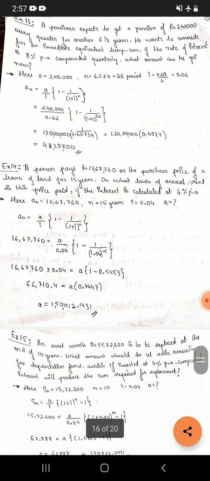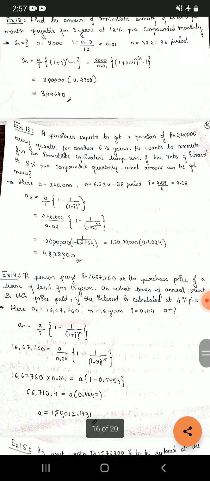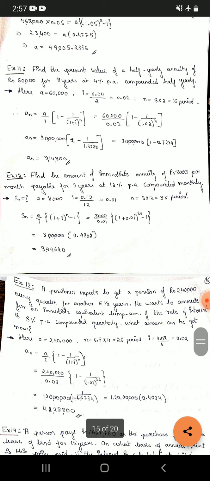And for all the rest of the problems, that is for a pensioner or to repay a loan, we are going to use the AN formula.